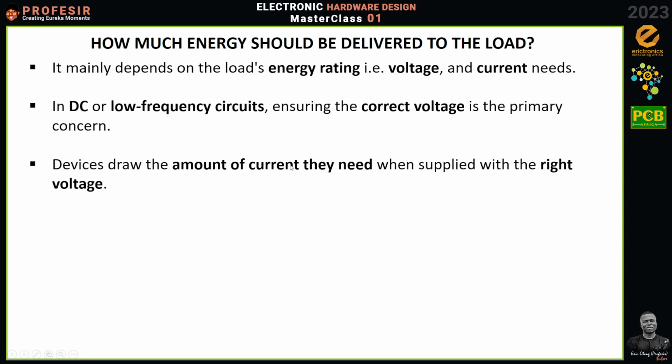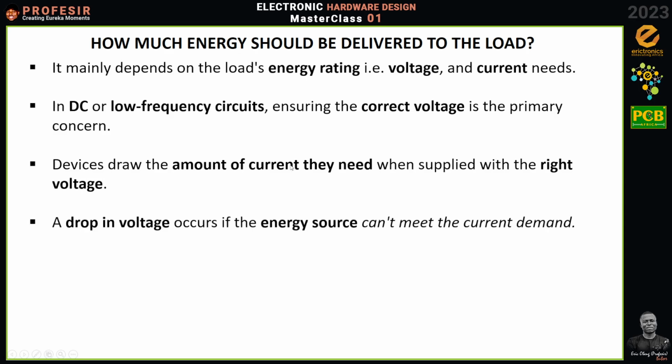Now, in case your energy source is unable to meet your requirement, this is what is going to happen. Let's say that I have a battery that is rated 9 volts, 0.5 amp, and I'm trying to use it to power a light bulb that is 9 volts, 1 amp.